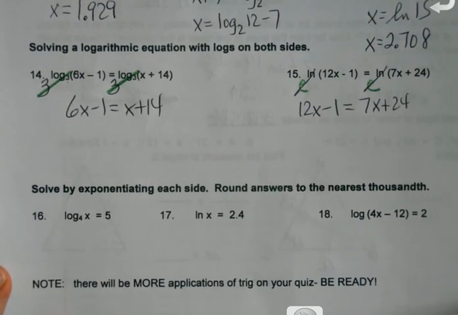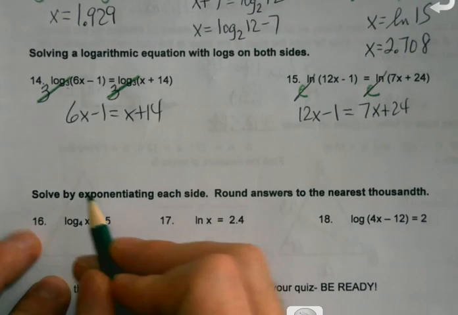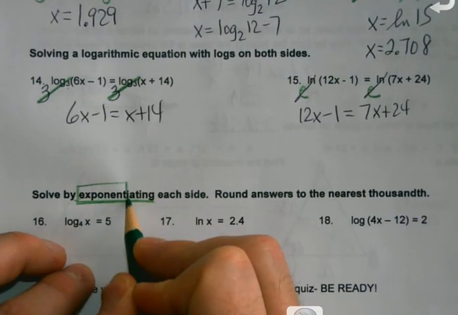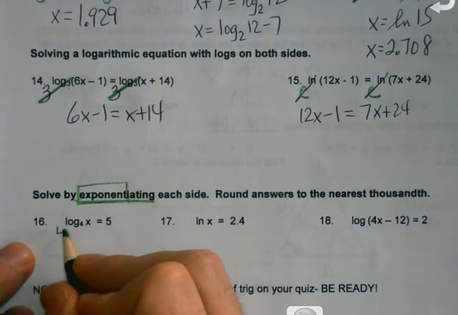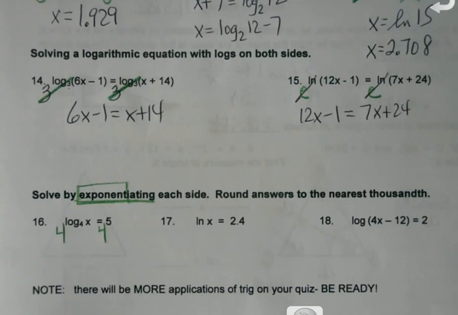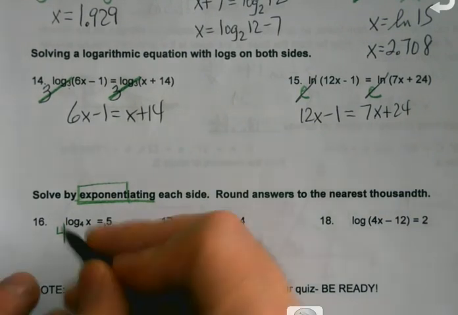This last part then of those, solved by exponentiating. Now that's kind of a clue. On each side, round answers to the nearest thousandth. Again, keep thinking about them as inverses, but remember, exponentiating. The base word in that, the root word is exponent. When you're using the base as your inverse, you're turning what's there already into an exponent.